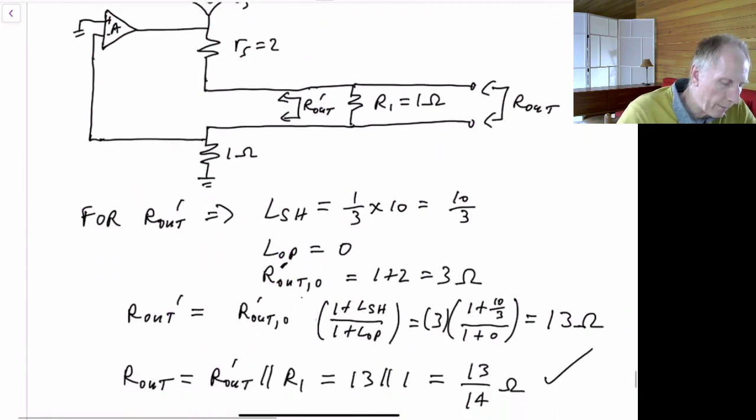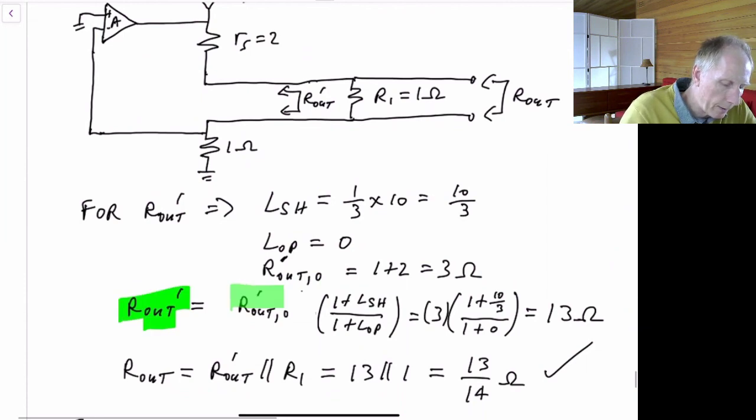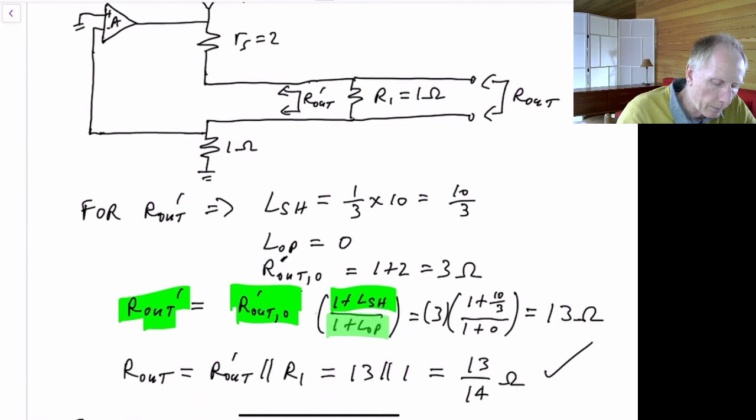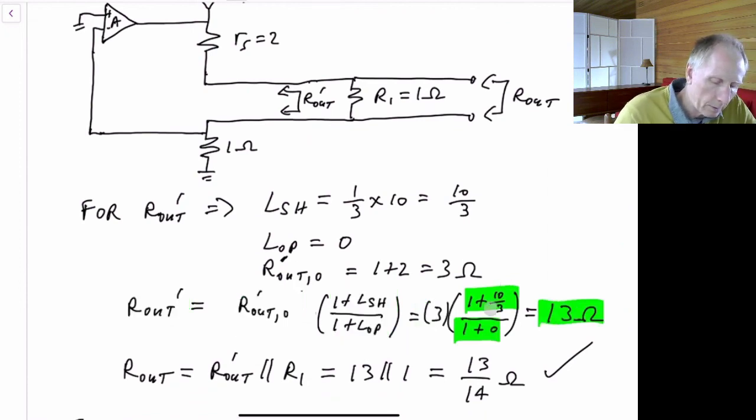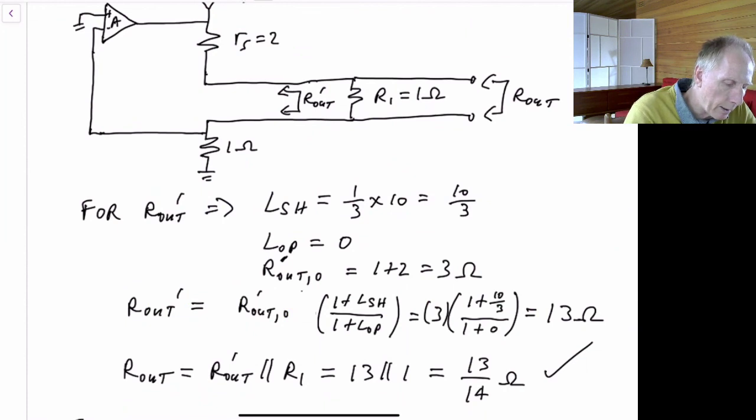So finally we have that R out prime is R out prime comma 0 times 1 plus L sub SH, divided by 1 plus L sub OP: 3 times 1 plus 10 over 3, over 1 plus 0, which is 13 ohms. So the impedance looking into here is 13 ohms.